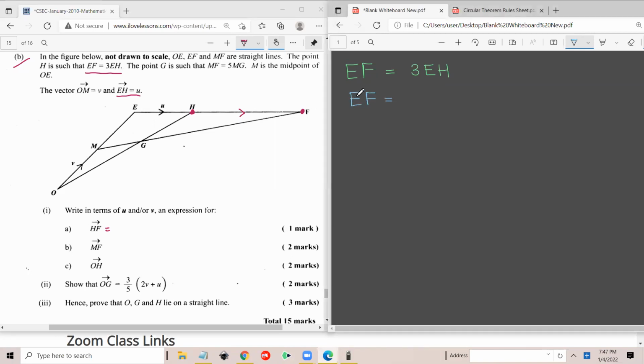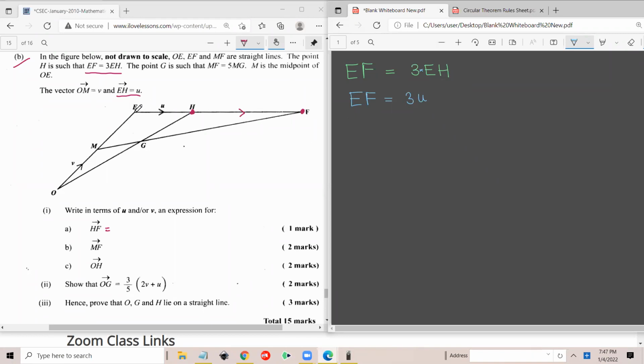EF, if we want to find it, we have to take EH, and there's a secret multiply here, and we have to multiply it by 3. What's the value of EH again? EH is simply the letter u. So you know what they're trying to say?